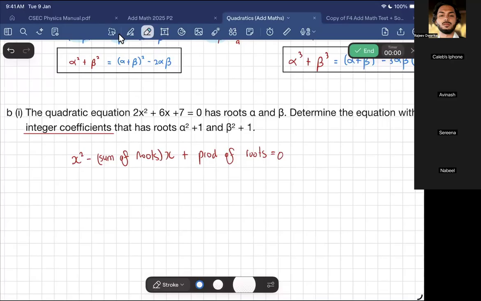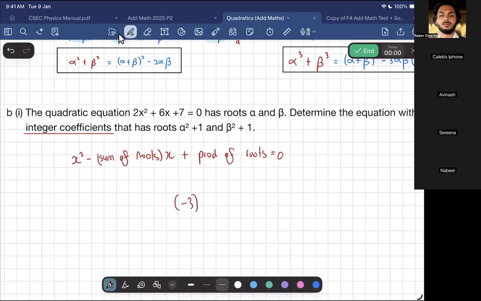Negative 3 squared means negative 3 times negative 3. What is negative 3 times negative 3? 9, positive 9. That was a mistake, right? Yes. So you're supposed to write negative 3 in brackets squared. Yes, sir.